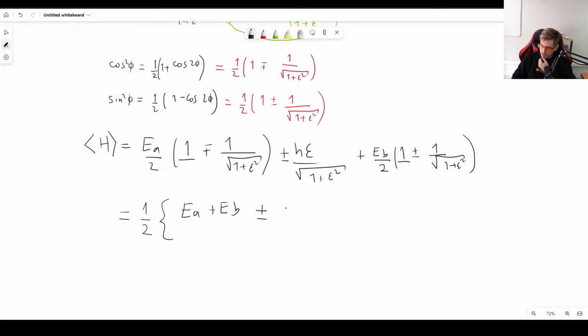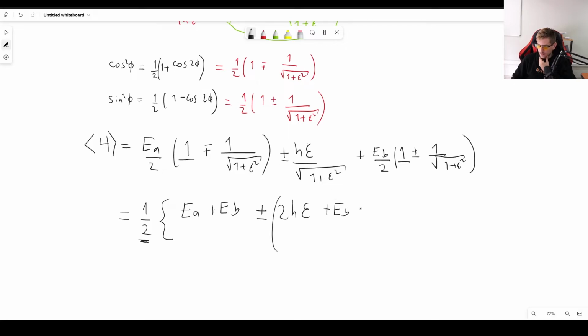So plus or minus 2 times h bar, then the curse of the physicist, h epsilon, the 2 of course because of the 1/2 in front, right? Because we factored it out, and they didn't have a 1/2 before. Then we have to add this, so plus EB, the plus or minus is in front of all of this.